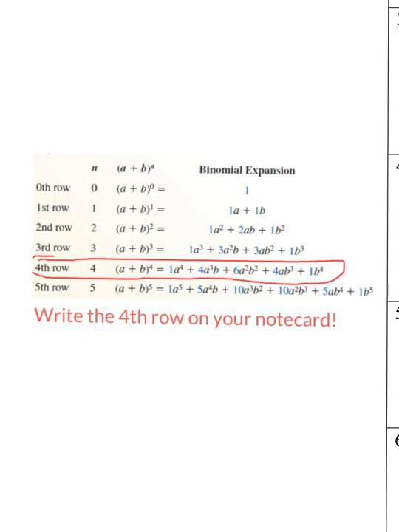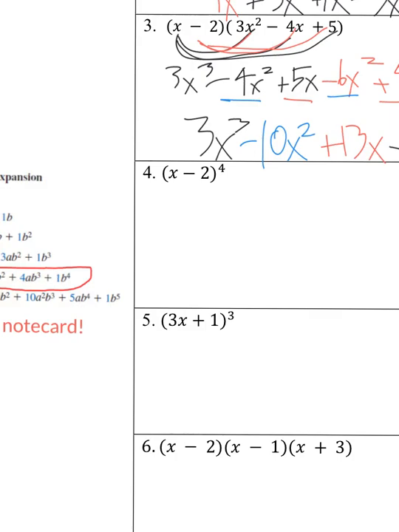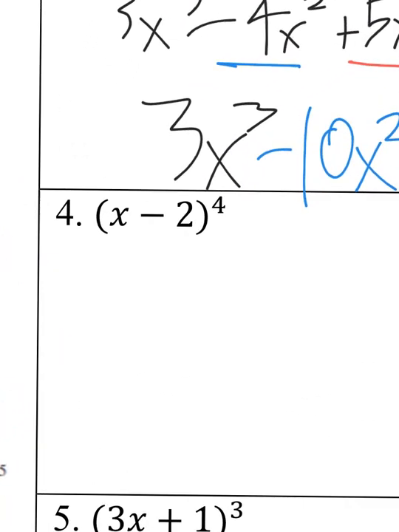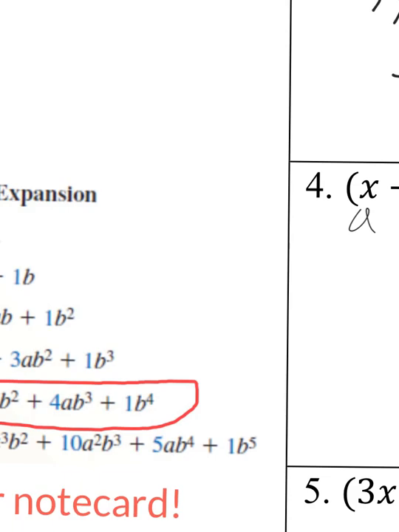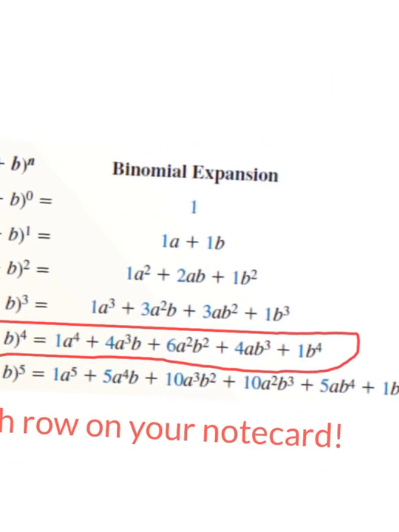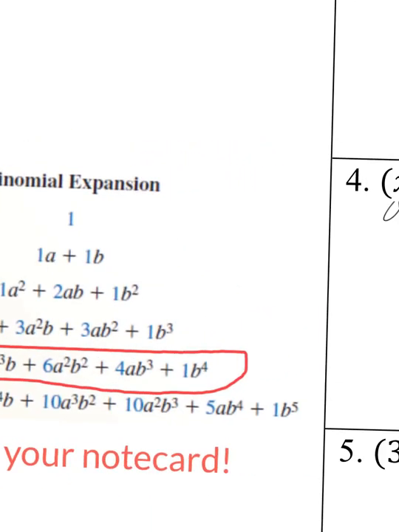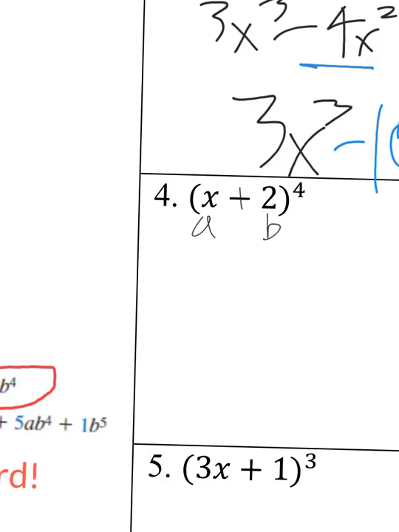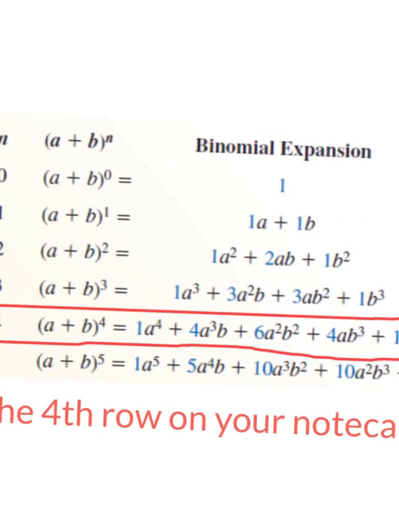And so all you need to do is define your A and B. So my A is x, and my B is negative 2. Actually, we'll just make this plus 2 to make this example go quicker. So B is going to be 2.